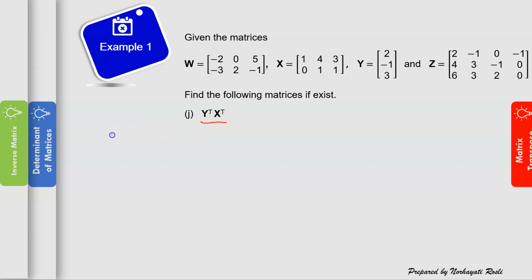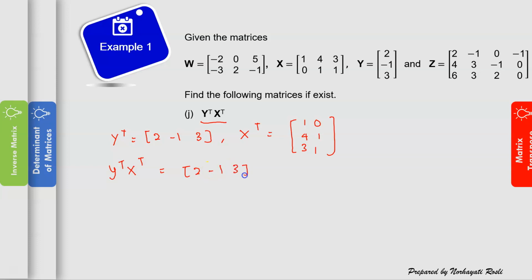Our Y^T is given by the matrix [2, -1, 3], because now our columns become rows and our rows become columns. For X^T, we have the matrix [1, 0, 4; 1, 3, 1]. So Y^T X^T means [2, -1, 3] times the matrix [1, 0, 4; 1, 3, 1].